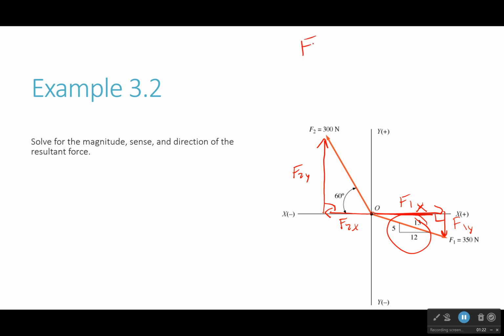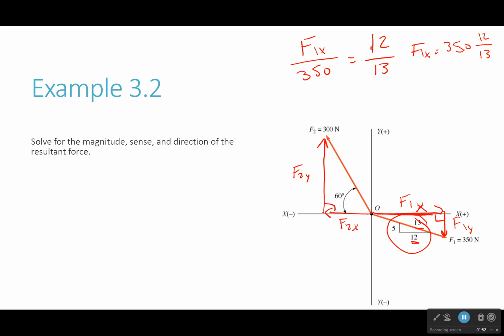So F1x over 350 should be equal to the horizontal component of my slope triangle over the hypotenuse component, because it's the same ratio, 12 over 13. And then I just cross multiply to solve for F1x. So F1x would be equal to 350 times 12 over 13.